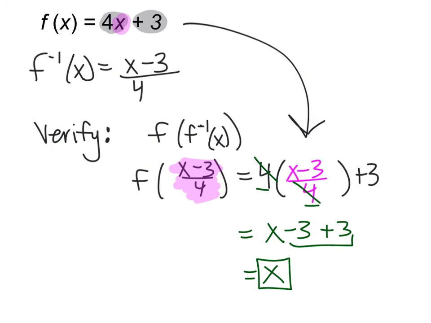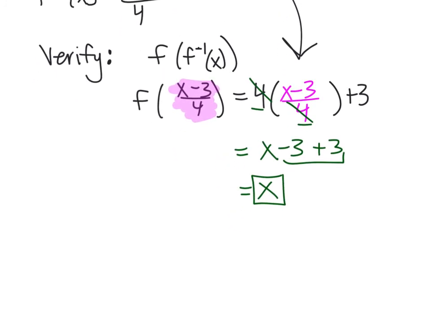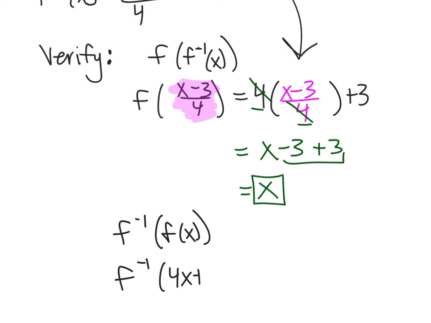Now, if we do the opposite of that, and I'm just going to work down so we can keep everything on our screen here. So now if we do the inverse composed with the original function, that would be using our inverse on the original, which was 4x plus 3. And this time we're substituting it into our inverse.